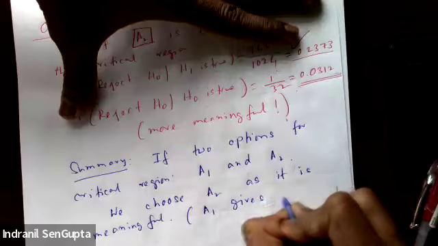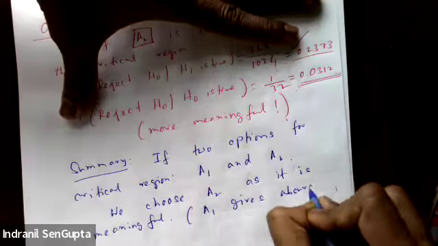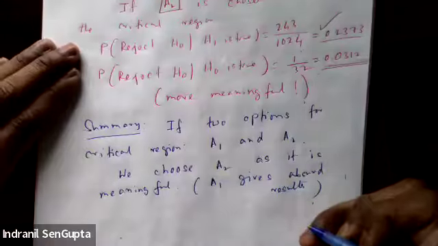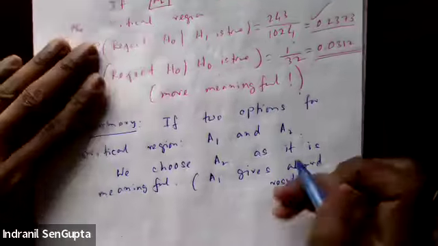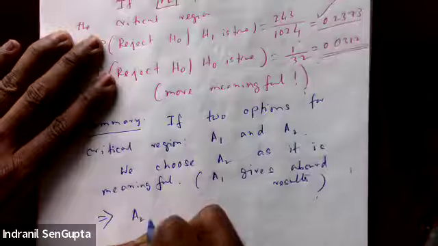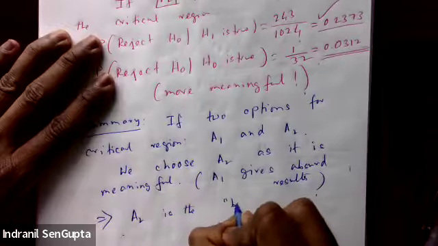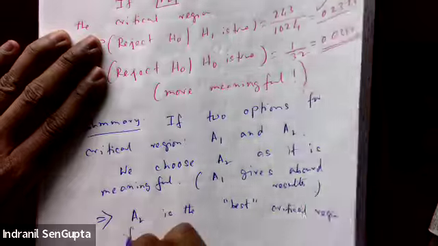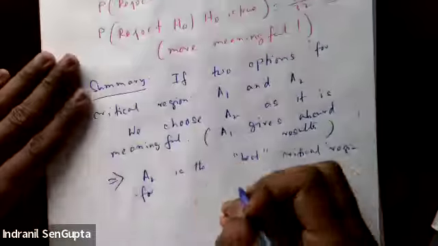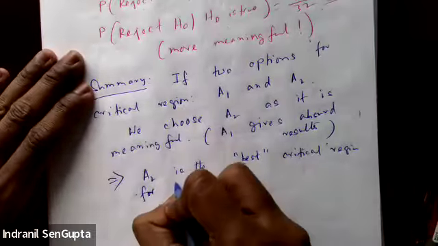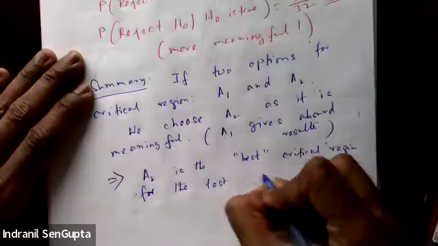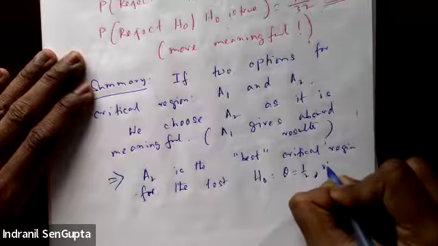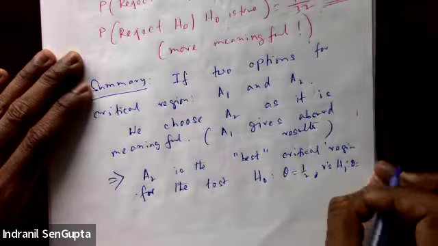A1 gives some absurd results. Another way of saying this is we say A2 is the best critical region for this test. Remember that the critical region is always designed for a particular test. So for the test H0, theta equals 1/2 versus H1, theta equals 3 over 4.